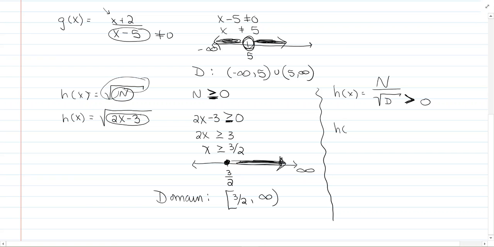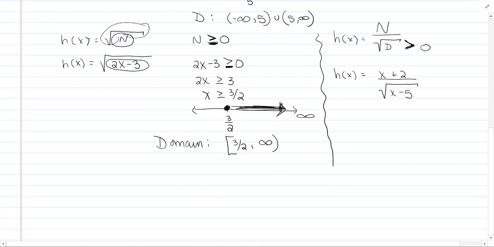So an example of this would be x plus 2 over the square root of x minus 5. The numerator doesn't have a radical in it, so I don't worry about the numerator at all. It's the denominator that gives you issue. You set the radicand greater than 0, solve for x.